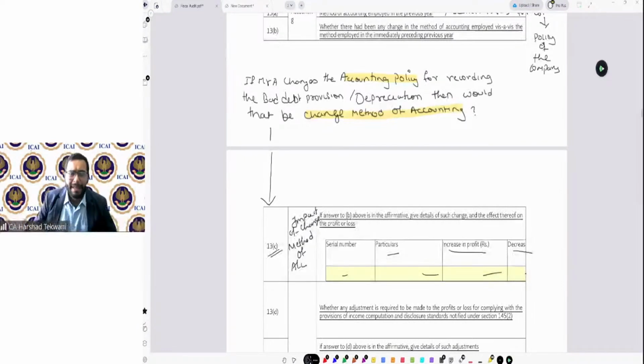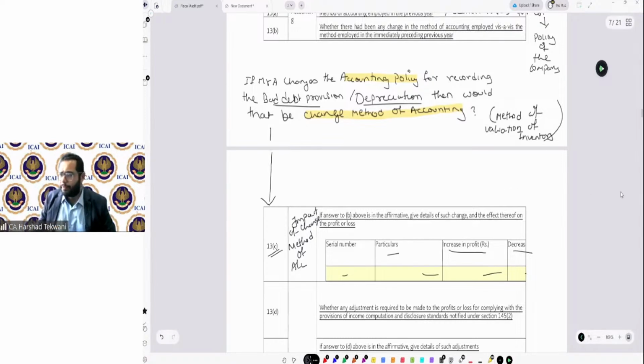Let's say, for example, method of valuation of inventory. As I told you, another example, method of valuation of inventory, besides bad debt and depreciation. If that is a change I made, then am I required to report in clause 13C or not?